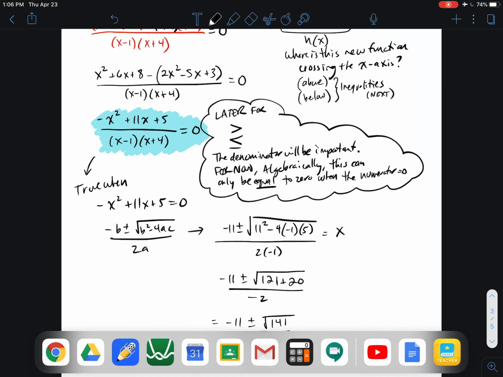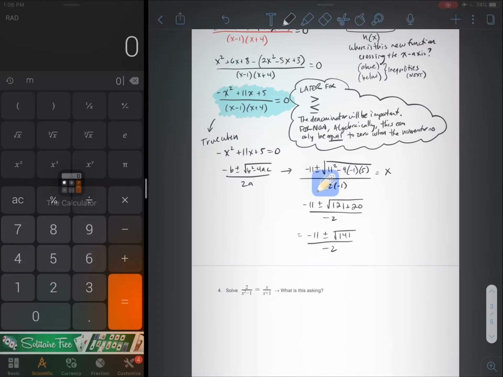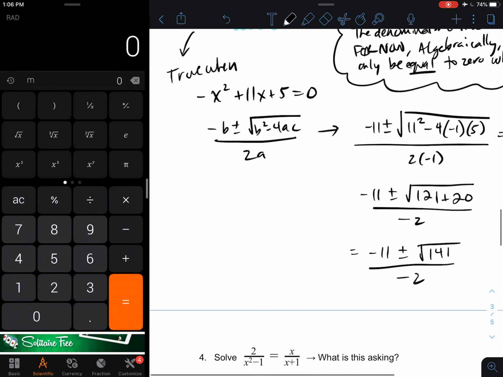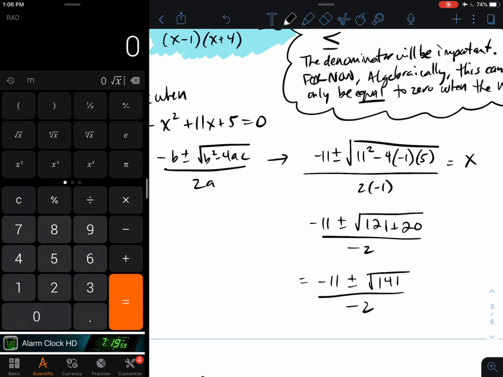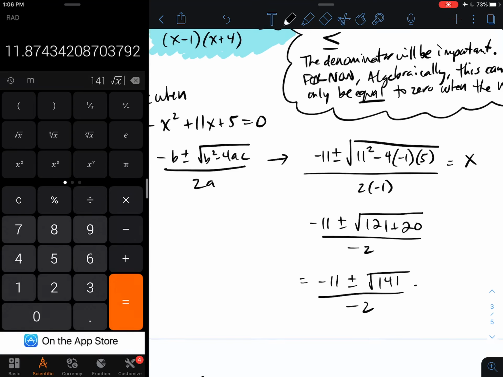Okay, so now I'm going to pull up my calculator. So the square root of 141 is approximately 11.87.